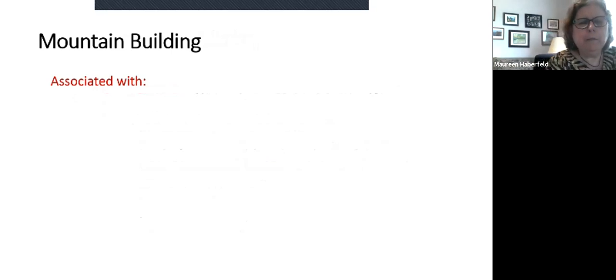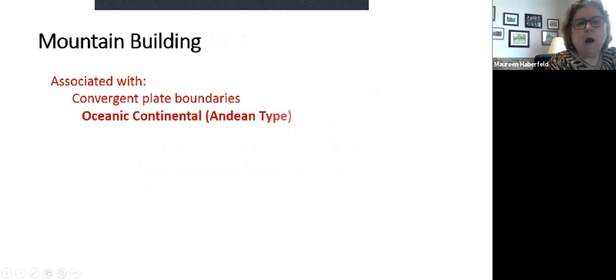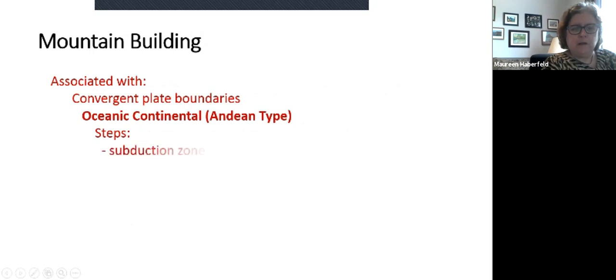So mountain building is associated with convergent plate boundaries and also oceanic continental convergent boundaries like we have in the Andes. And what happens here with a mountain building with a convergent boundary, oceanic continental, is you have a subduction zone.